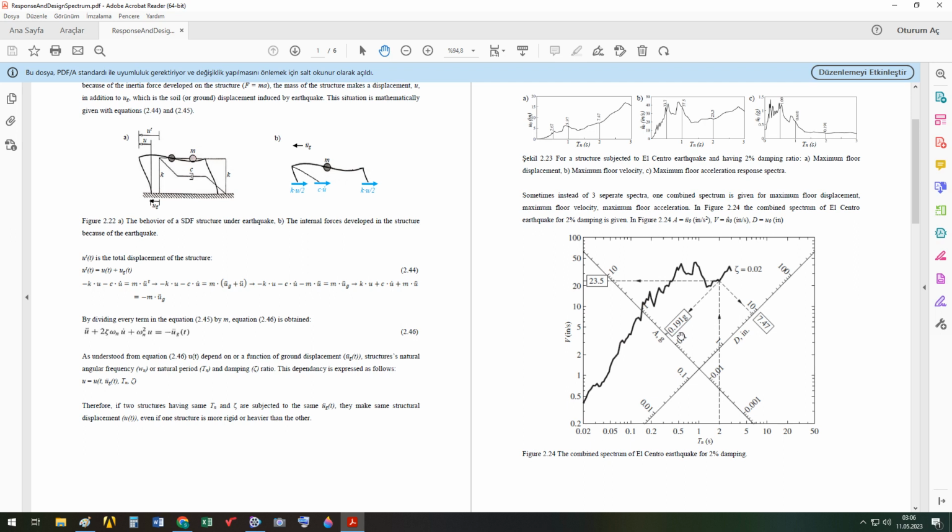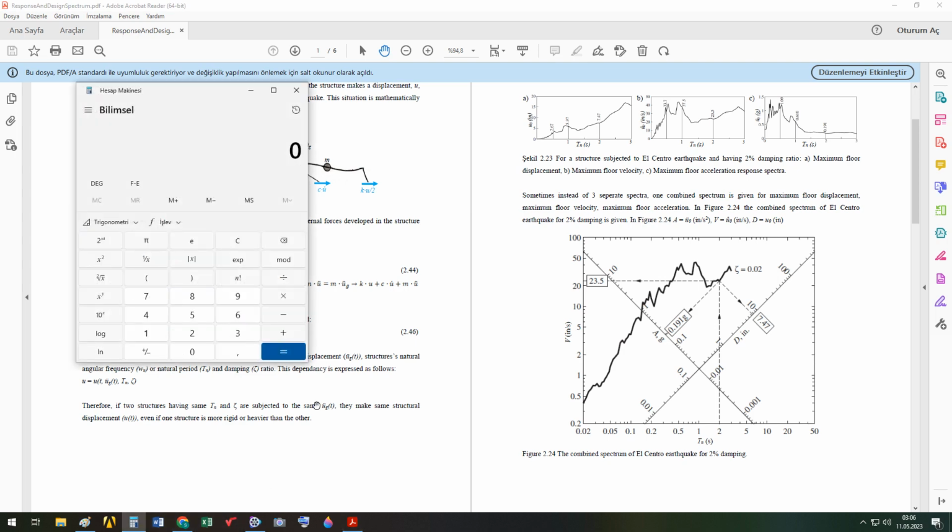It's 0.191 g, meaning times 9.81 meter per second square. So the maximum floor acceleration is 1.87 meter per second square.